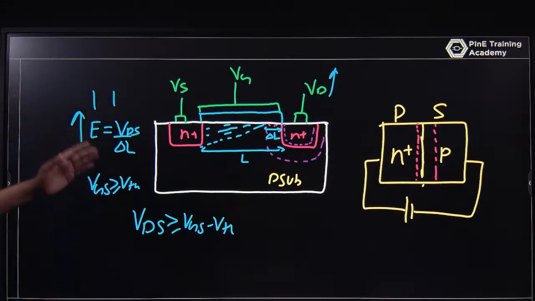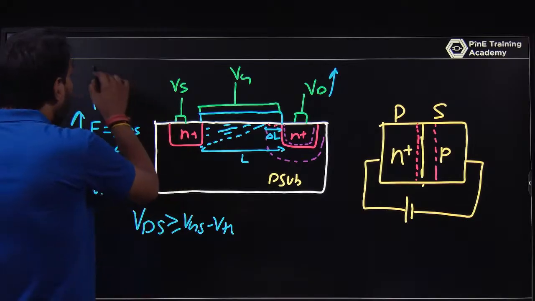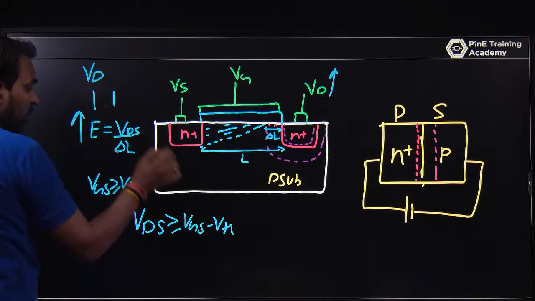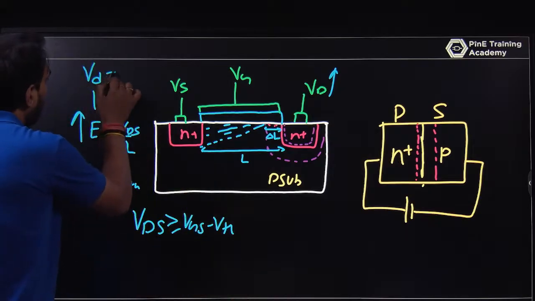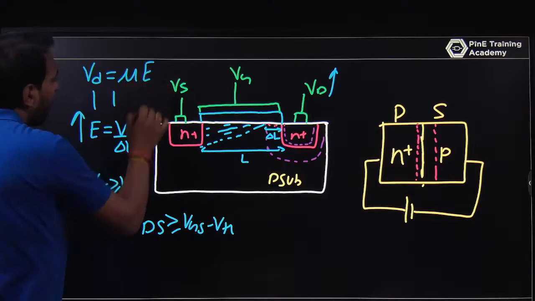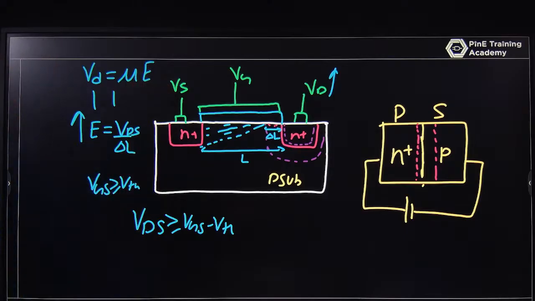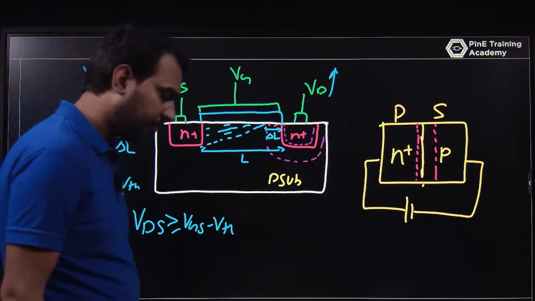If you know the relation of the drift velocity and electric field, the drift velocity Vd is equal to mu E. Vd is directly proportional to E and the proportionality constant is mobility mu. As the electric field increases, the drift velocity will saturate.